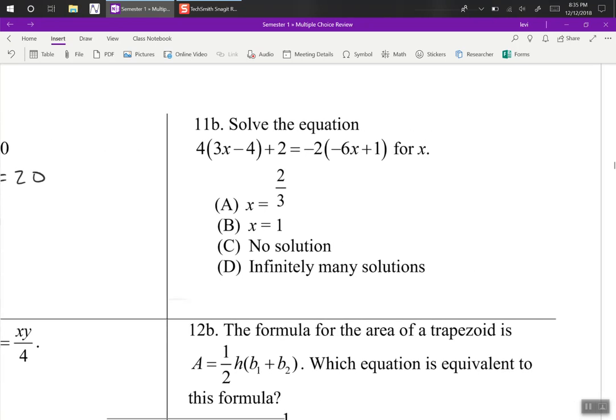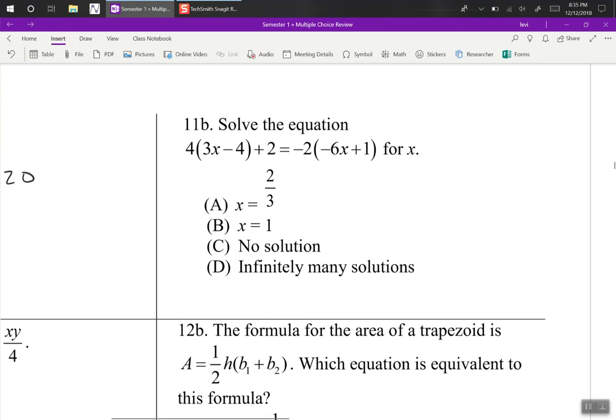Our next problem, doing the same thing, we'll need to distribute. So we'll get 12x and minus 16 plus 2 equals, and we'll distribute a -2. So -2 and -6x make positive 12x. -2 and 1 make -2. And so what happens here?